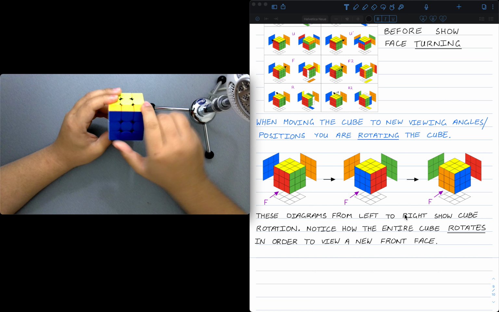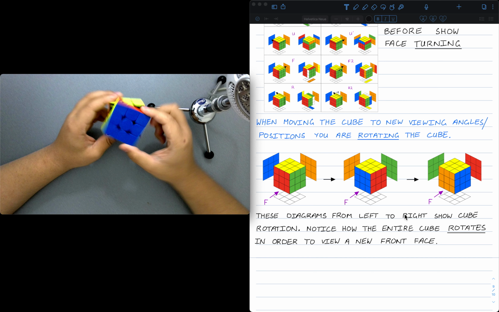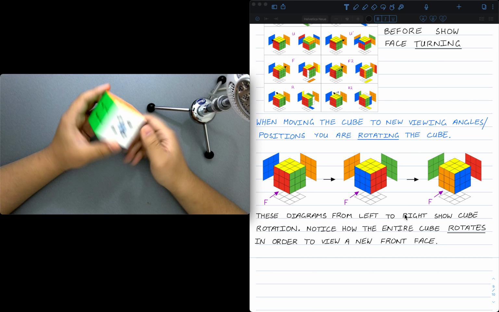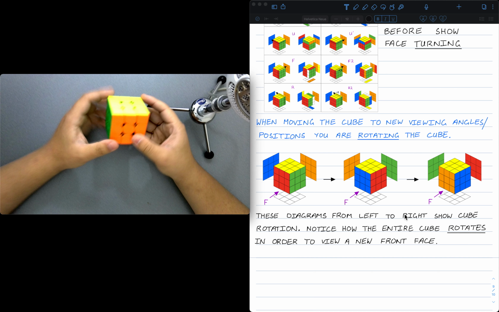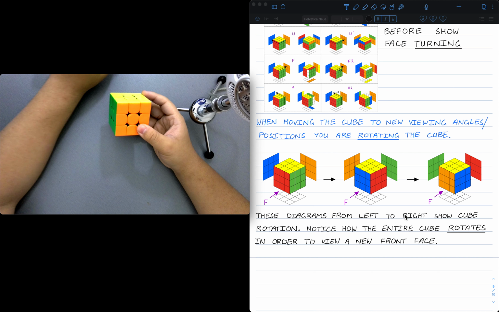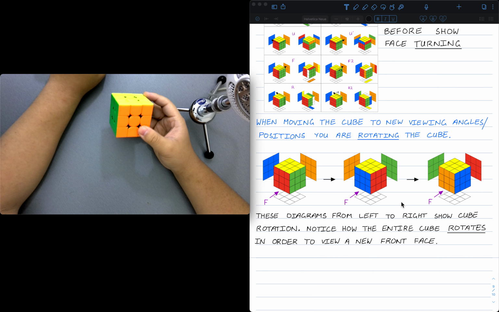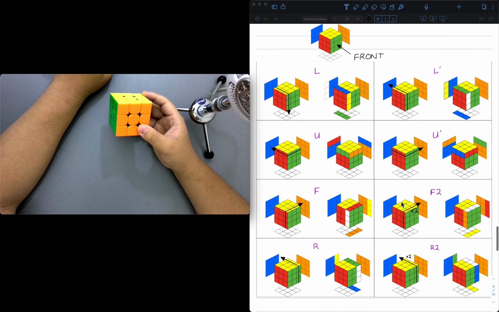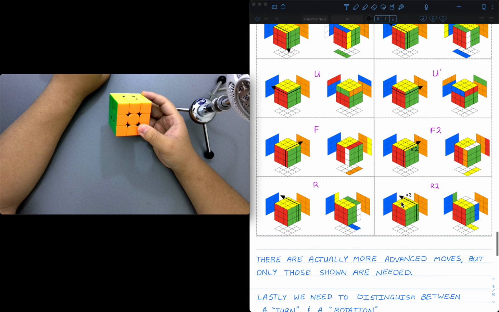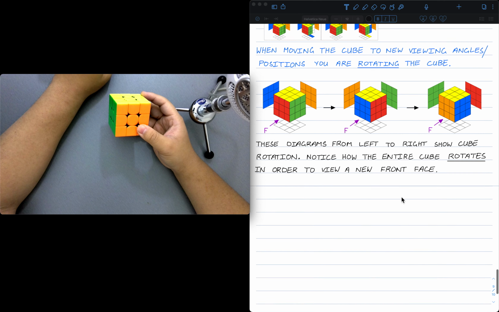So this is a turn of the face. This is rotating the cube. I need to make a distinction about that, because in the next few instructions, we're going to go over that. Okay, so hopefully you get the idea of cube notation, because now we're going to get into the actual method. See you in the next video.